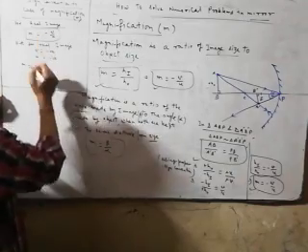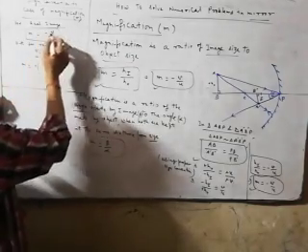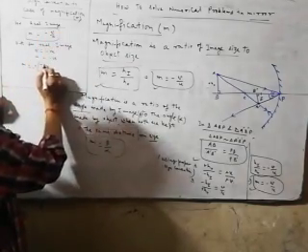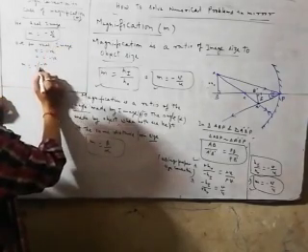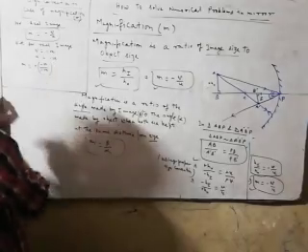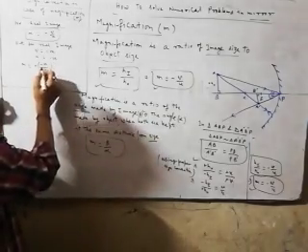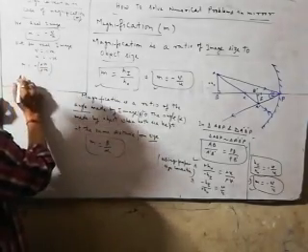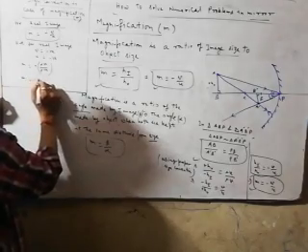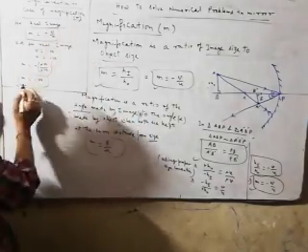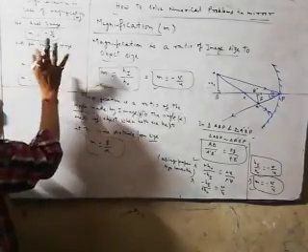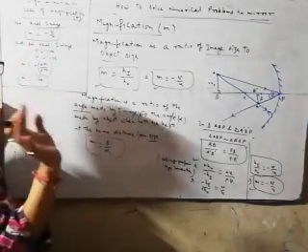Minus is already there, then V becomes minus, U also negative. So what we see, minus minus cancel, so magnification is coming negative. So for a real image, magnification is always negative. That is our conclusion.